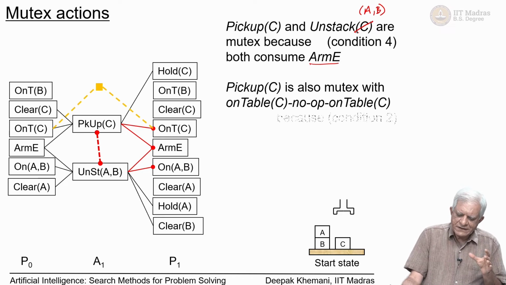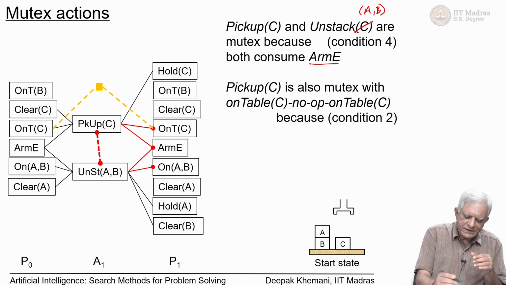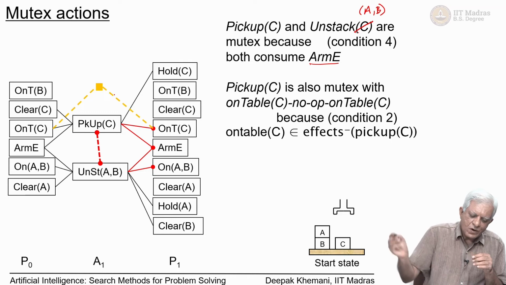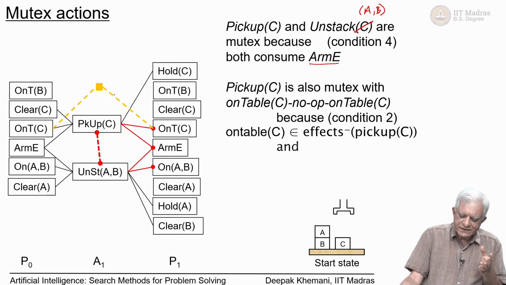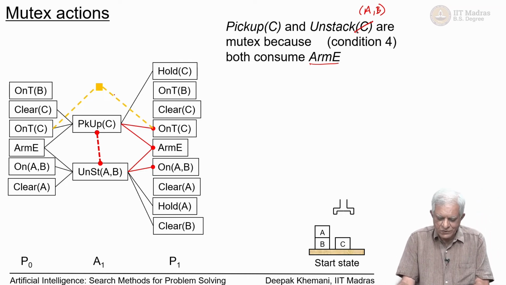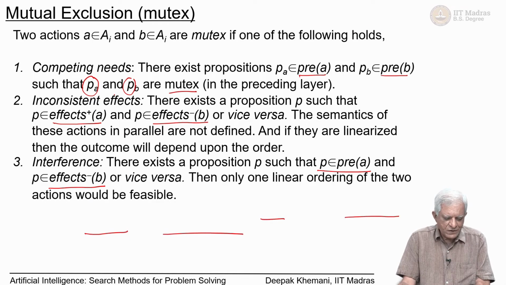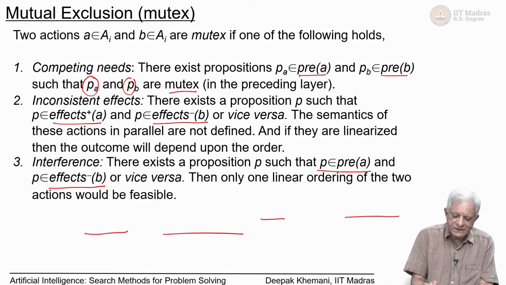At the same time, you can see that pick up C is also a mutex with this no op option essentially, and this is because of condition 2. What was condition 2? Condition 2 said that they had inconsistent effects.